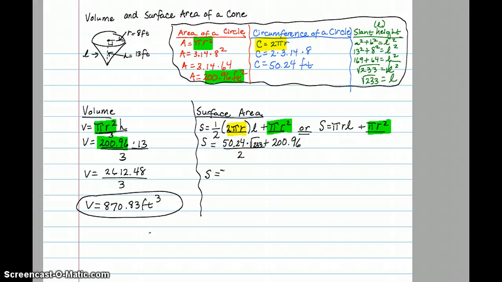If you do that on your calculator, you end up with 383.44, rounded to the hundredths, plus 200.96. You add those together and you end up with a surface area of 584.40 feet squared. Again, this has been rounded, so I should have made these approximations. And I don't remember if that was rounded or not. So anyway, there you go.